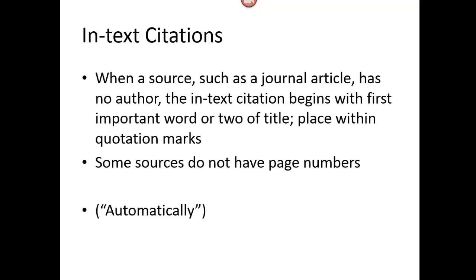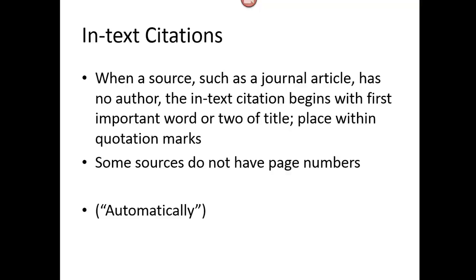When you use a source such as a journal article, sometimes those don't have an author, and so if you don't have an author, then you have to use the next most important piece of information to indicate to the reader which source you've used on your works cited. And so in this case, you'll see the source automatically here in your parenthetical documentation, your in-text citation.